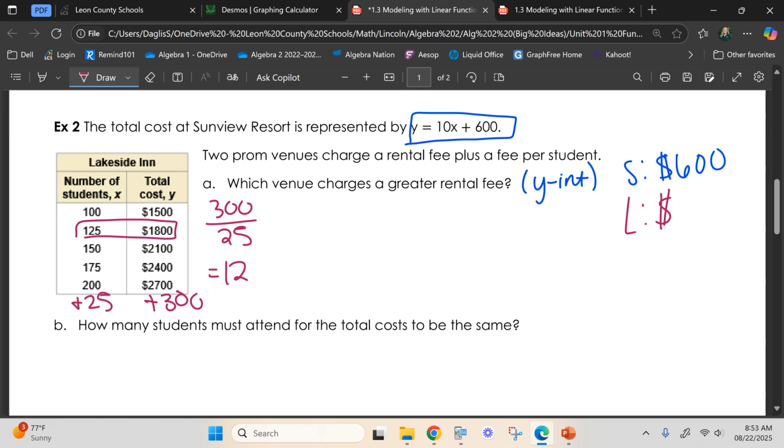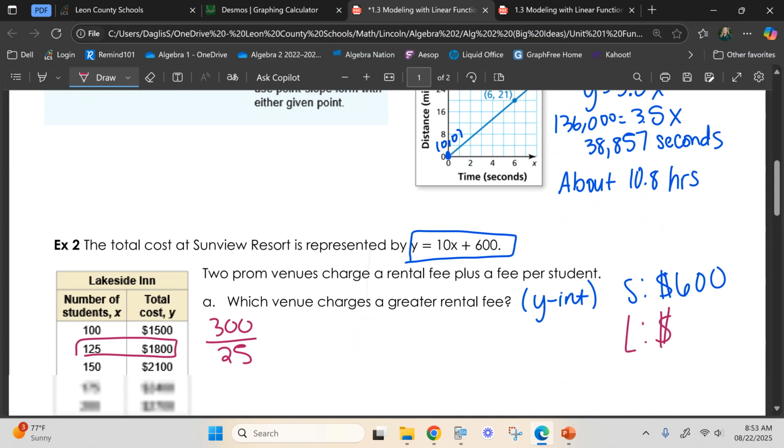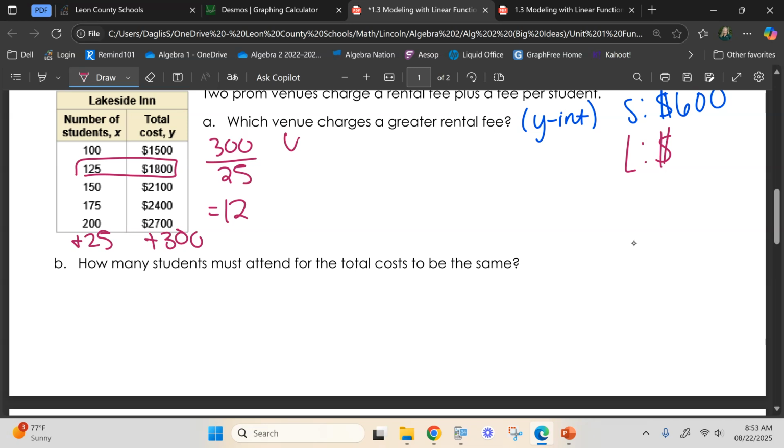So if you're like, oh, I really wanted to use 100 and 1500, use it. We're going to end up with the same thing. So from the box above, we're using this one. y minus y1, which we're going to use 1800, equals my slope times x minus x1.